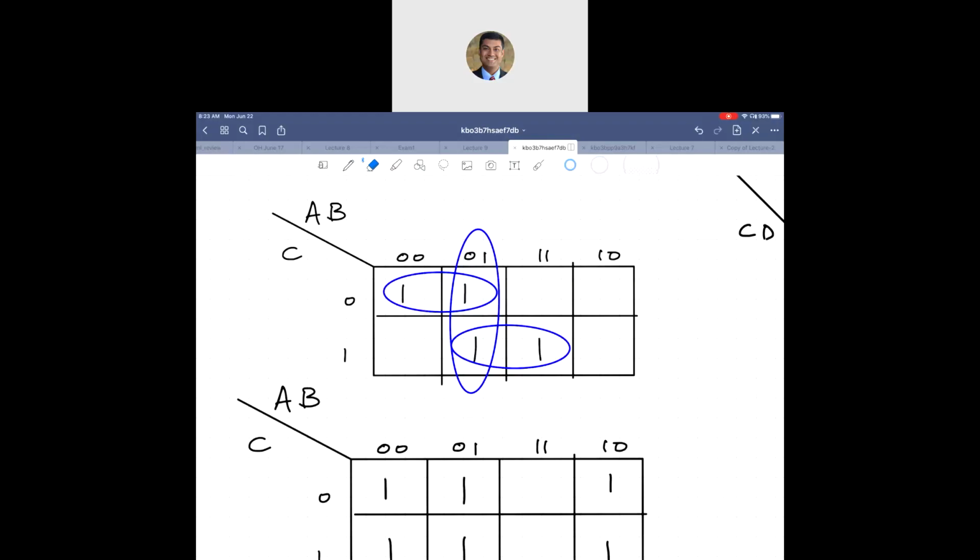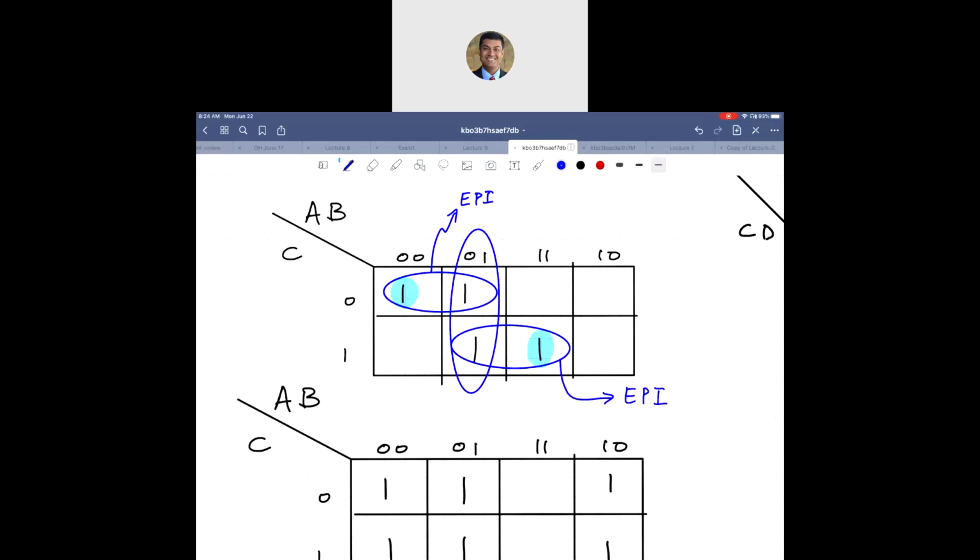Now, look at the ones. I'm going to highlight the ones that are only in one group. So let's see. This one is only in that particular horizontal group. And this one is only in that particular horizontal group. So those two would be essential prime implicants.